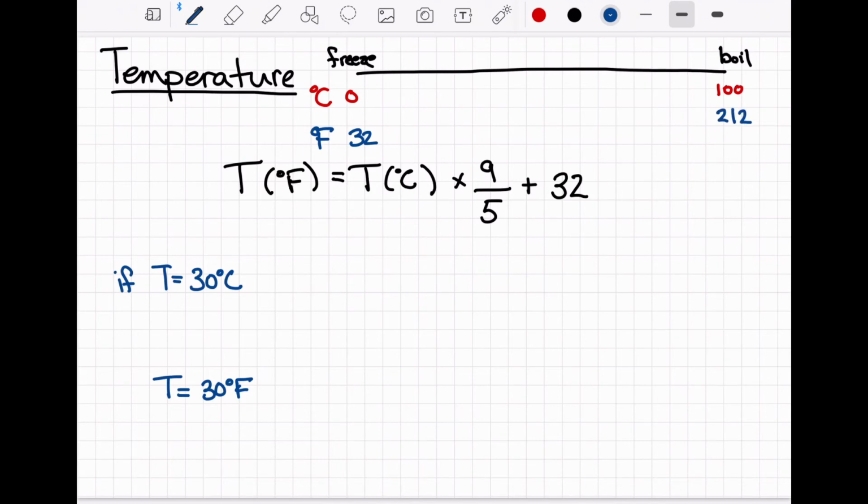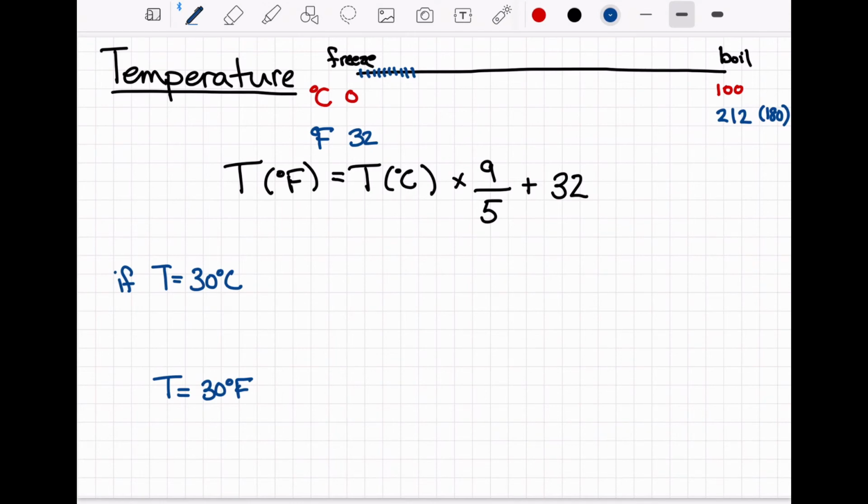So there are actually 180 tick marks that we would need to make. They would be much closer spaced together than the degrees Celsius. Does that make sense? The numbers change at a faster rate for degrees Fahrenheit.